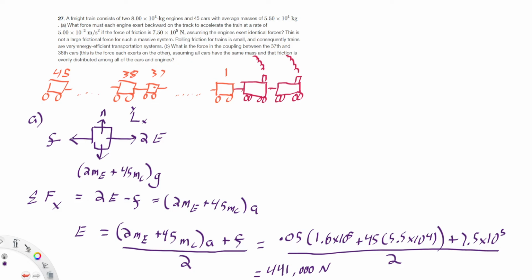Yeah, 441 kilonewtons, which is a good fraction of the thrust that the Saturn V rocket produced when it took our astronauts to the moon.